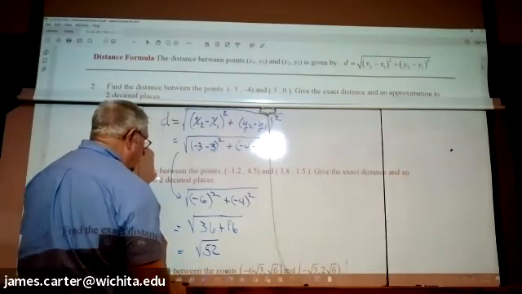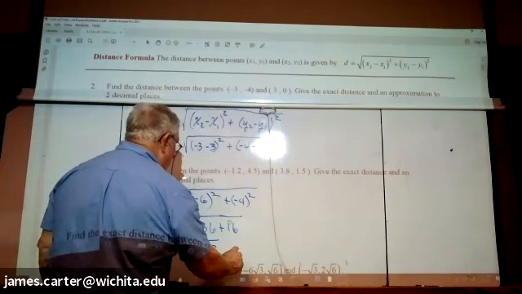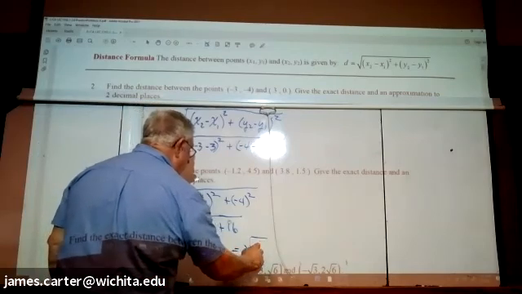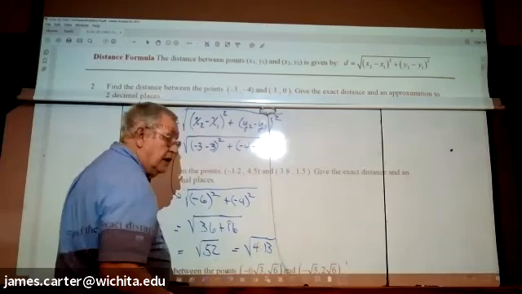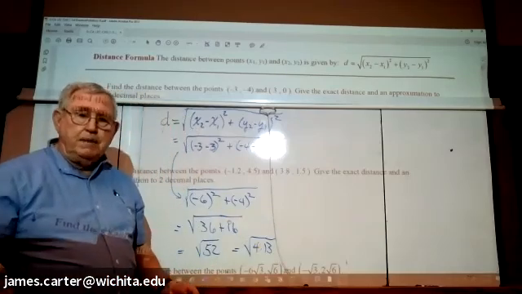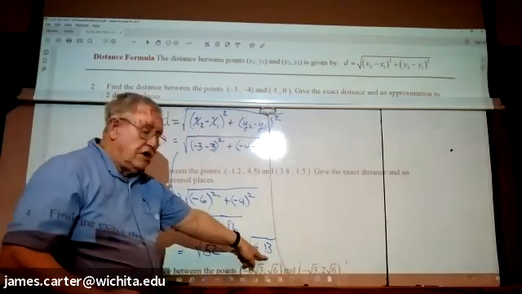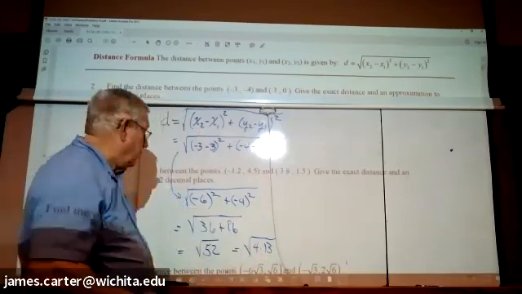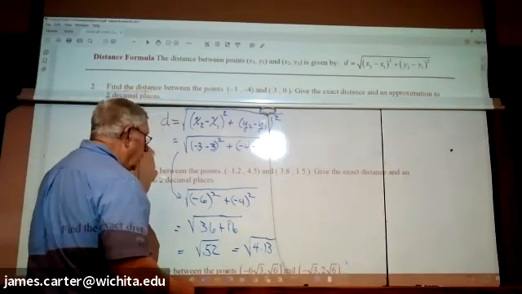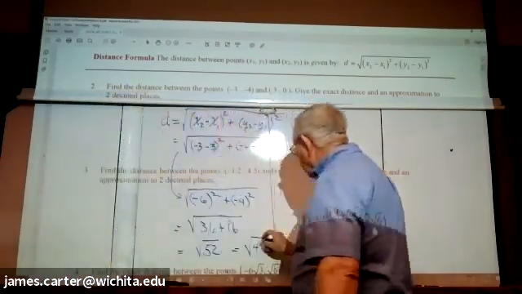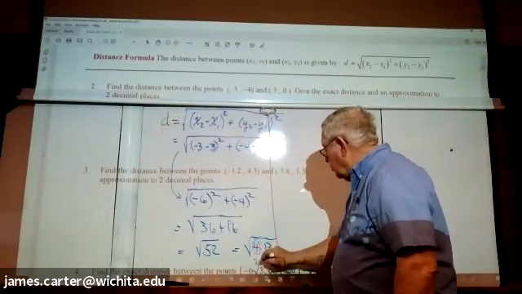Square root of 52 is square root of 4 times 13. Any of you ever heard of 52 card pickup? 4 kinds of cards, 13 of each, from the ace to the king. Well, we can extract this 4 and get a 2.